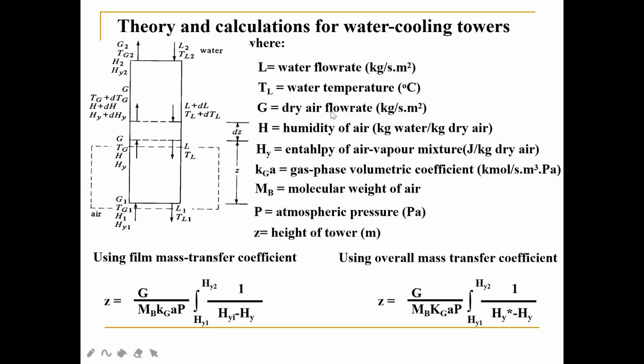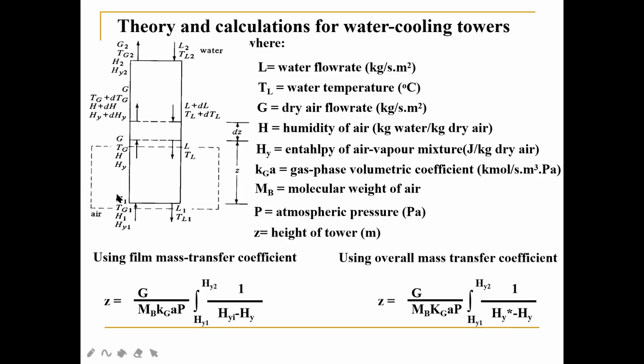G is the dry air flow rate that comes from the bottom of the tower and travels upwards. We call the point of entry of G as 1, so all symbols corresponding to this point will be denoted with a subscript of 1.